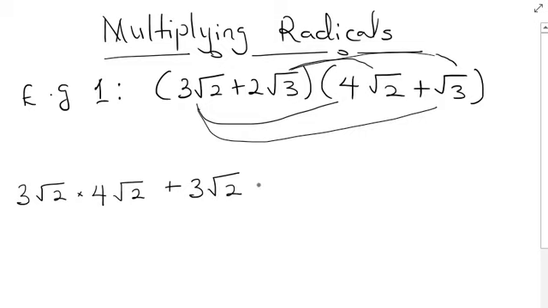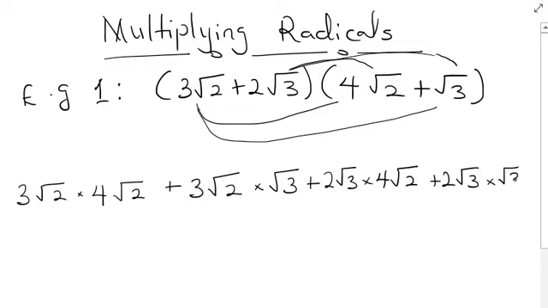Then we have this plus 2 root 3 multiplied by 4 root 2. Then plus 2 root 3 multiplied by root 3. So now we need to simplify this.